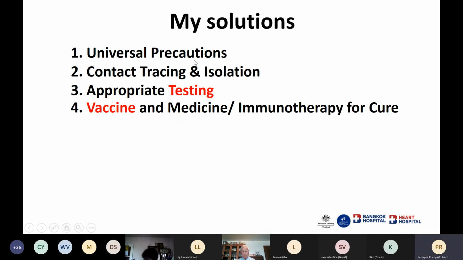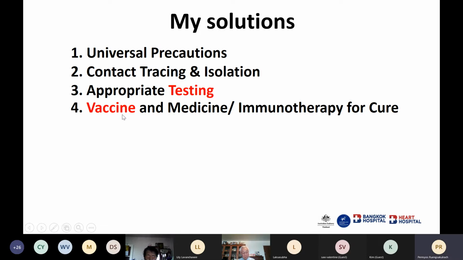I think universal precaution, the masking, helps you prevent the infection over 50%. So you need the universal precaution, social distancing, masking, and hand washing, and everything, okay?